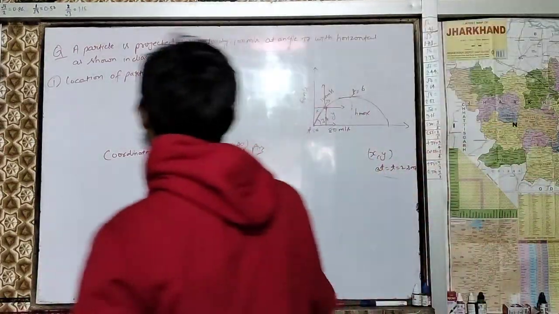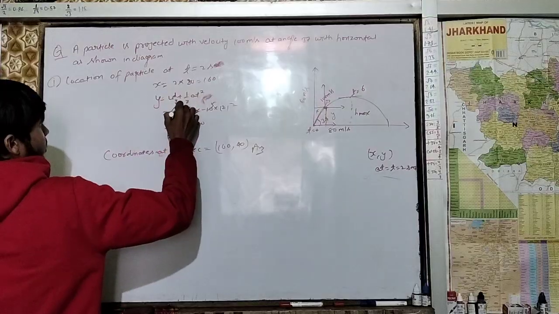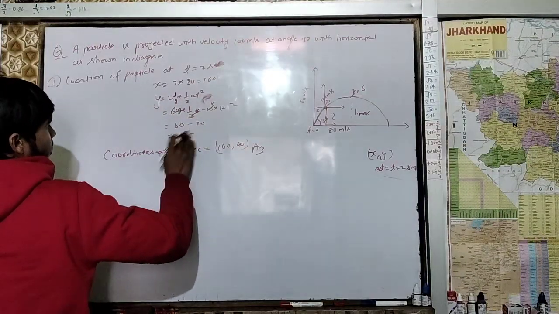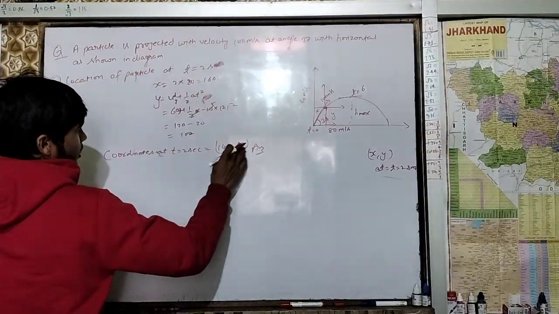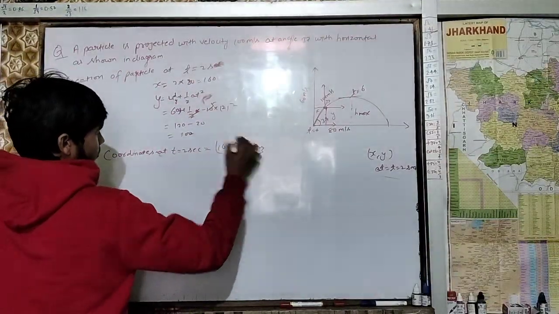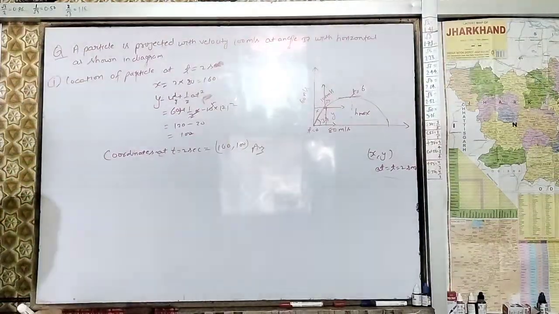But remember, this is ut. So 60 times 2, it will become 120. This will be 100. y will be your 100.